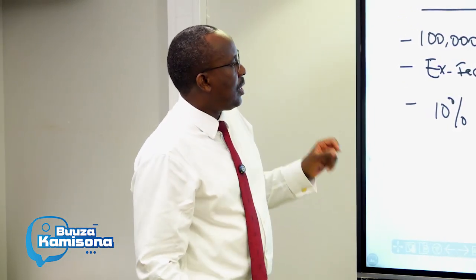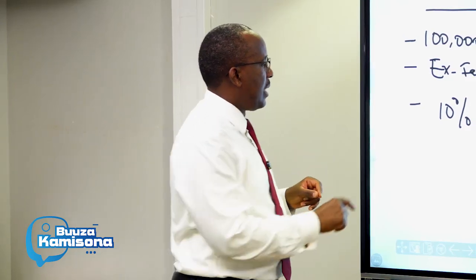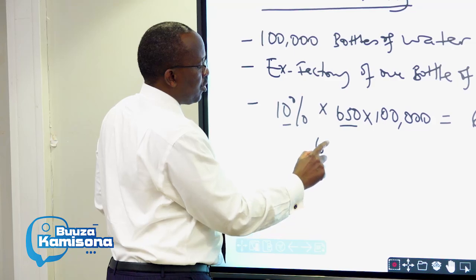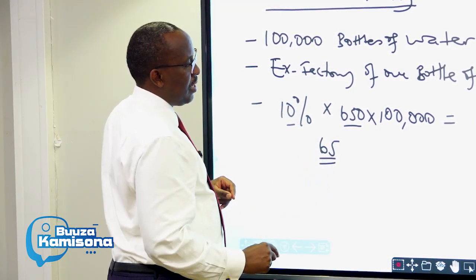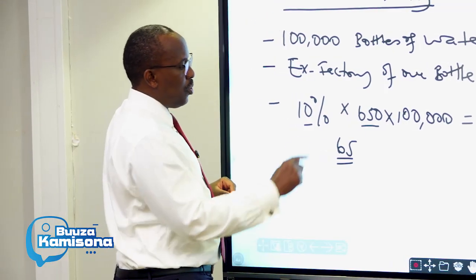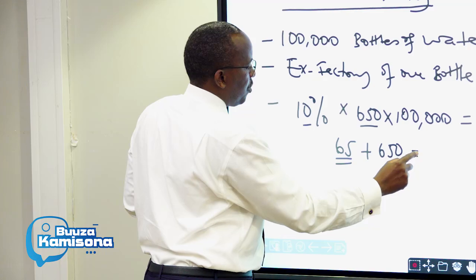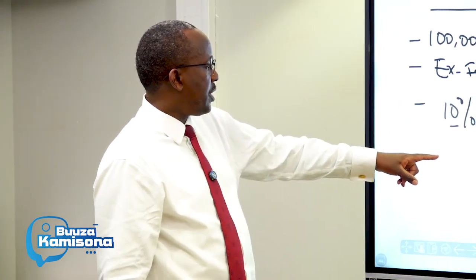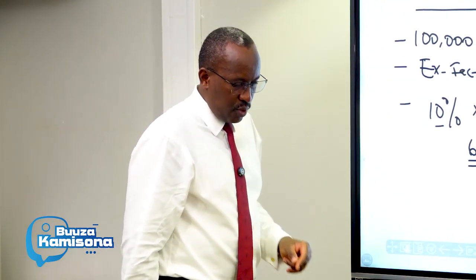But what would be the cost of excise duty on just one bottle? Remember, it is 10% of 650. The actual excise duty on one bottle would be 65. And what would be therefore the cost of the bottle? It would be this 65 plus 650, so 715 would be the actual cost of a bottle of water with excise duty inclusive. So what does it mean?